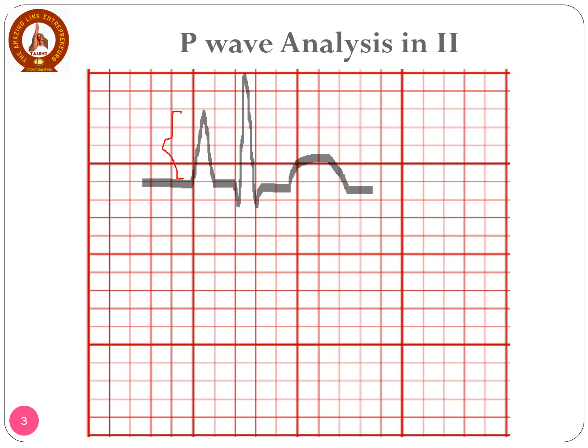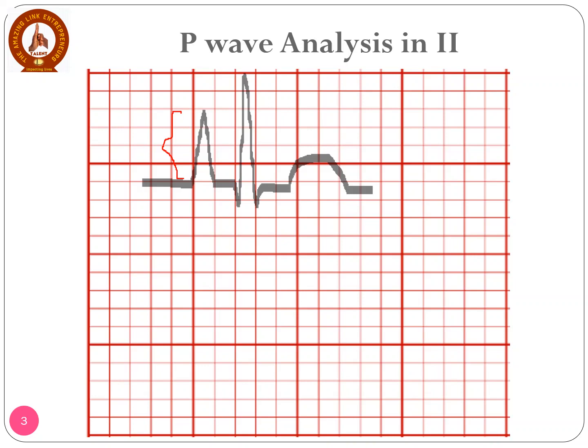And the shape is caret shape, that is inverted V, peaked just like this R wave. But the duration of the P wave is normal. This reflects right atrial abnormality.